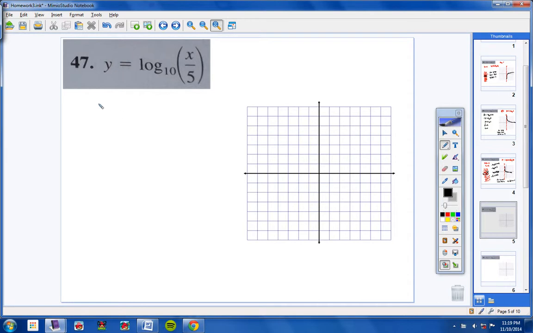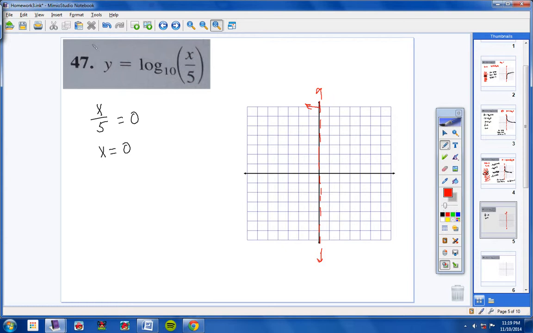Take your argument, set it equal to 0 and solve. Multiply both sides by 5. And there's your vertical asymptote. Obviously we're not going to want to go to the left, because if you put a negative 1 in for x, negative 1 over 5 would be negative 1/5.